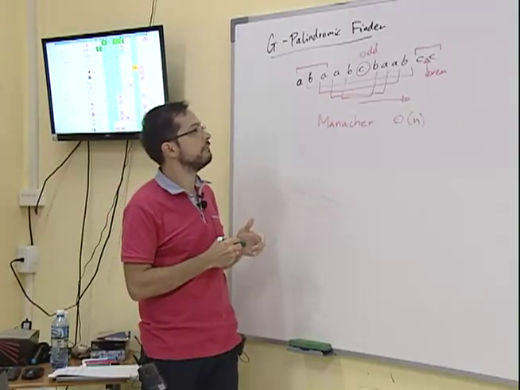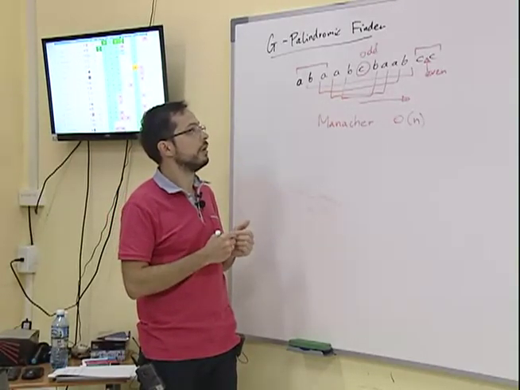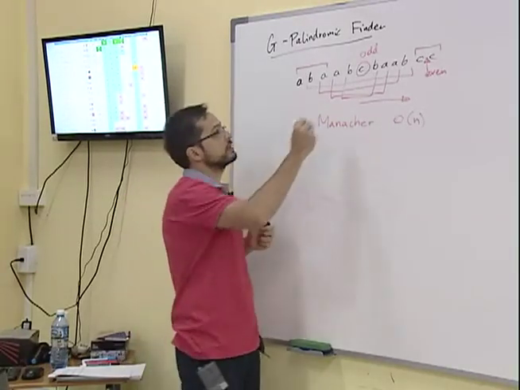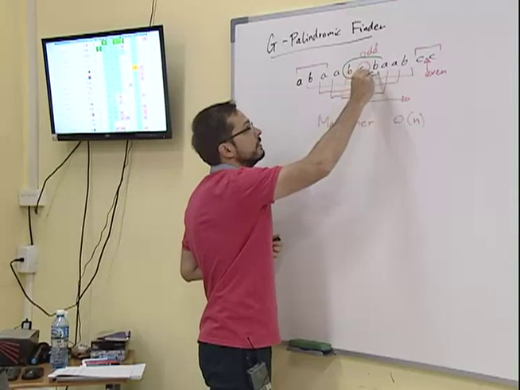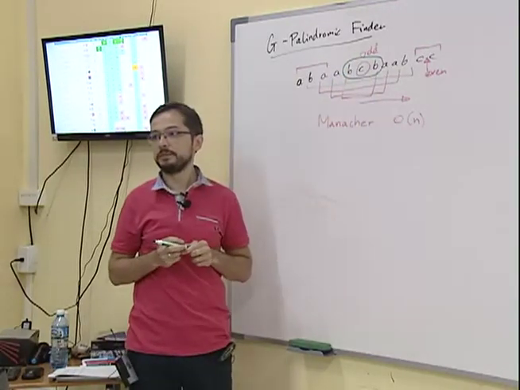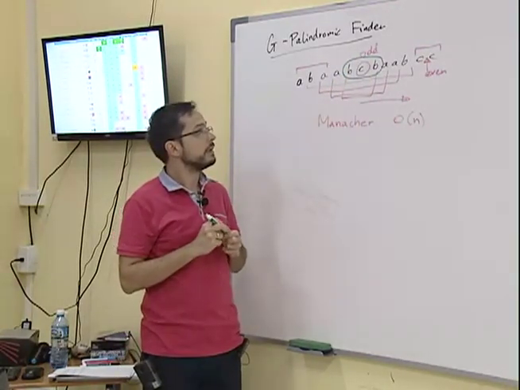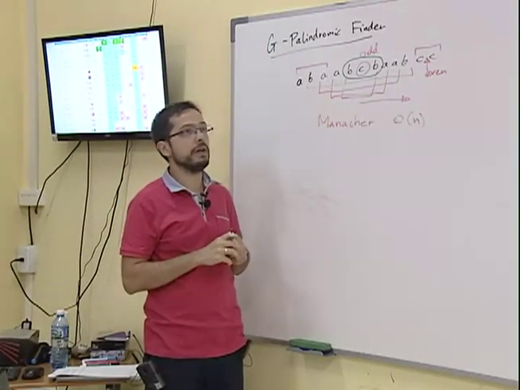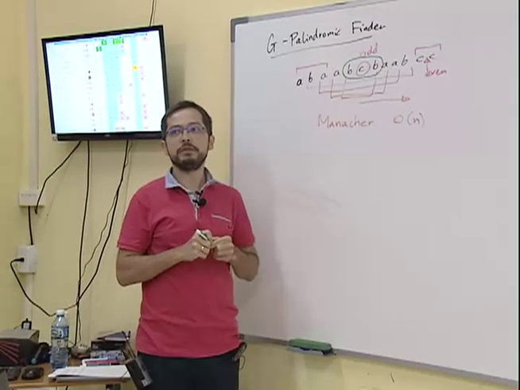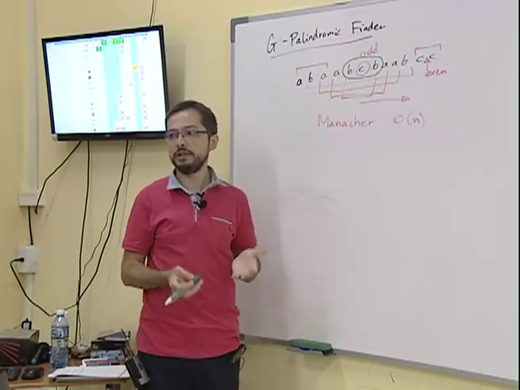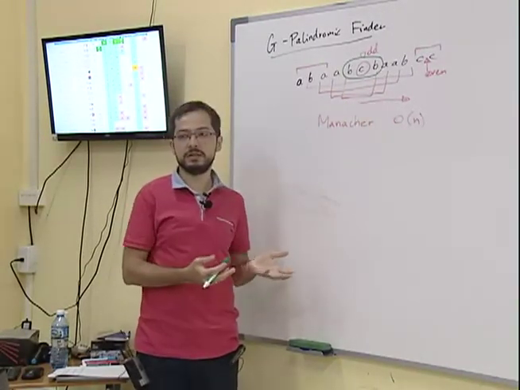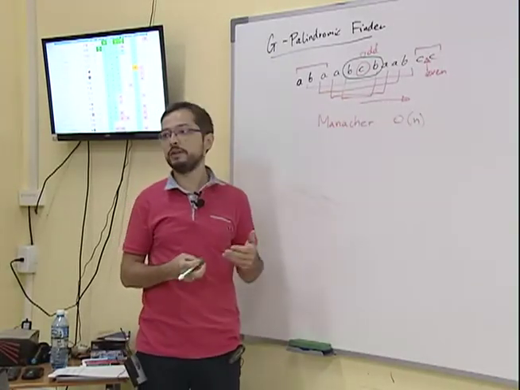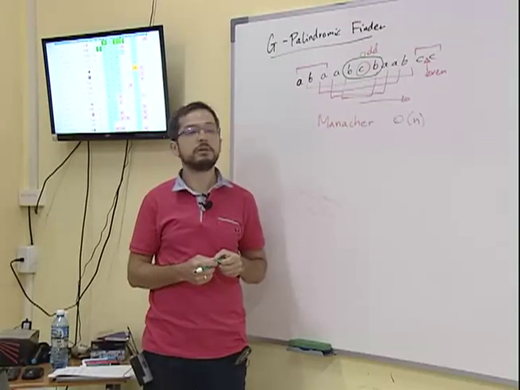So basically, if we know that we have some odd palindrome of length at least 3, we know that we have also a palindrome of length exactly 3. And the same with even palindromes. If we would like to find some even palindrome of length at least 3, that means that this palindrome must be of length at least 4. So basically, we need to find a palindrome of length exactly 4.